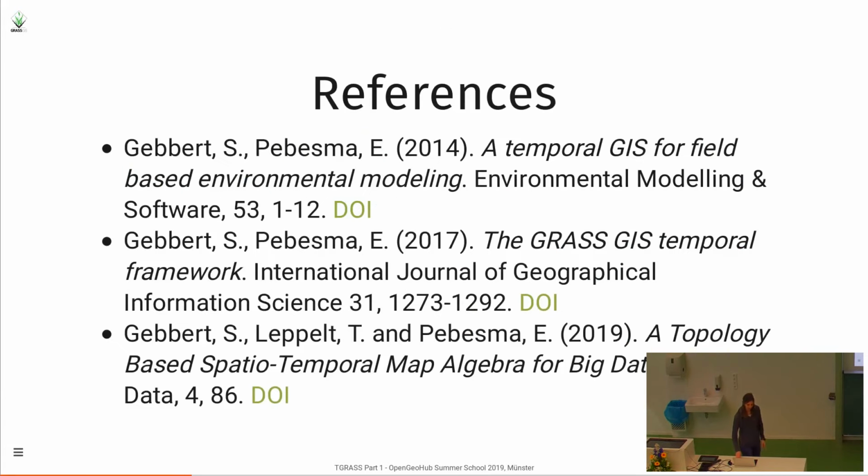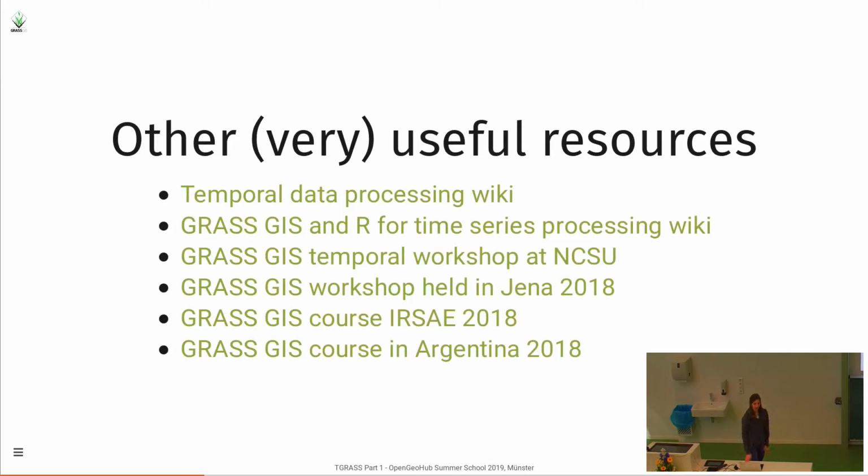So basically that's it. And here I leave you some references of the developer of these modules and of this temporal framework. It is Søren Gebert, and Edser was the supervisor, right? And some other very useful links for temporal. If you don't want to take the tutorial, you can just take a tour through these links.